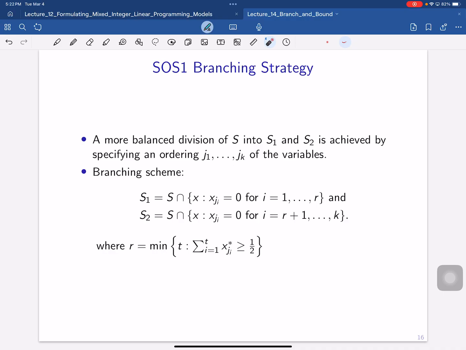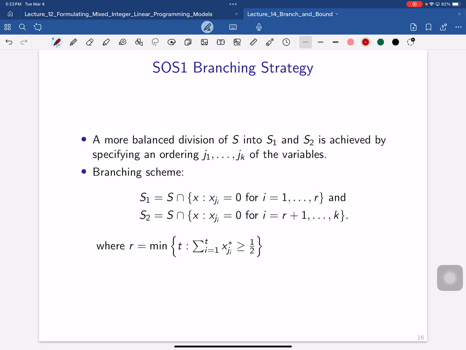Why are these two disjoint sets? The idea of this branching rule is saying whether the variable that equals 1 is in the first part of the set or in the second part of the set, right? So among all the binary variables, there can only be one variable equal to 1, right? The rest will be 0, okay?